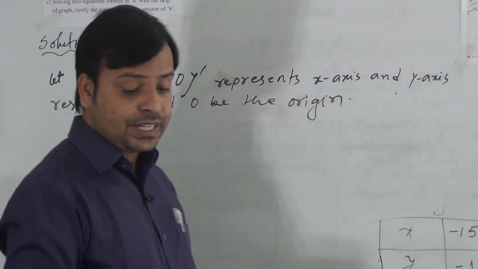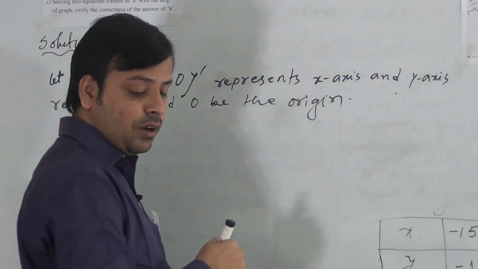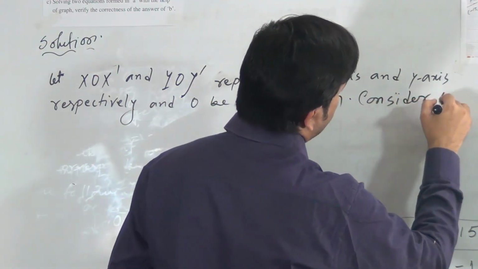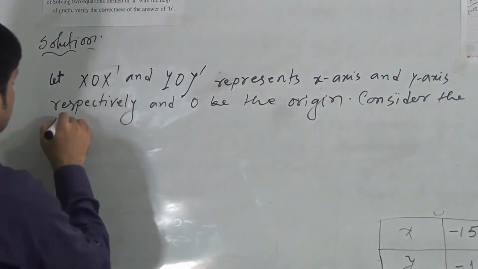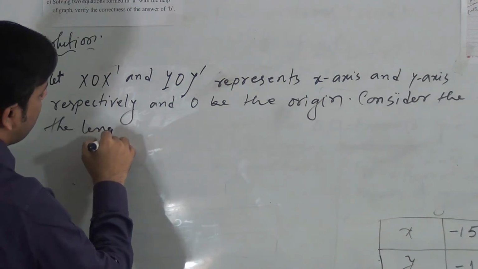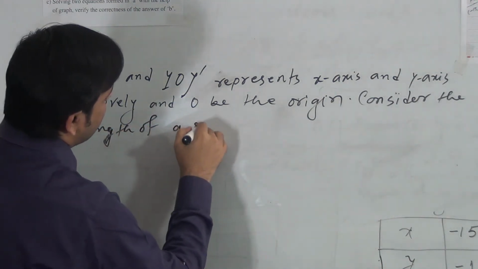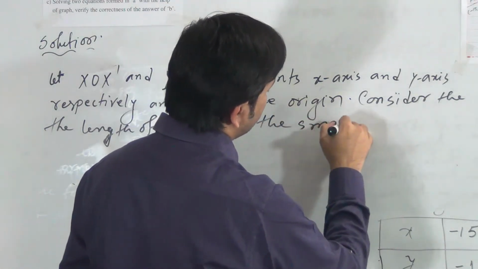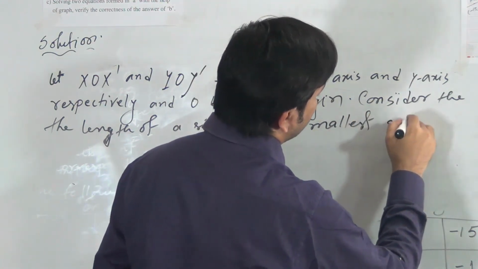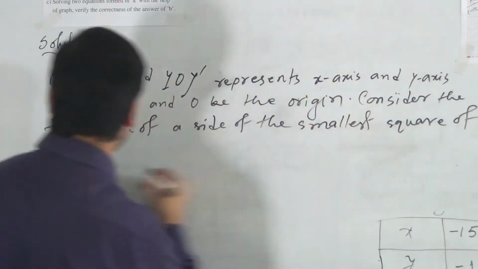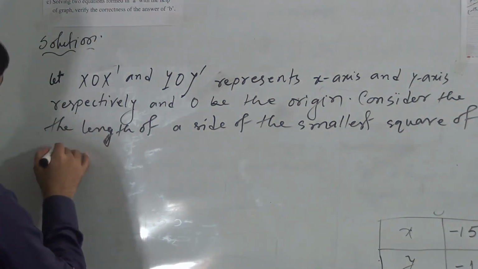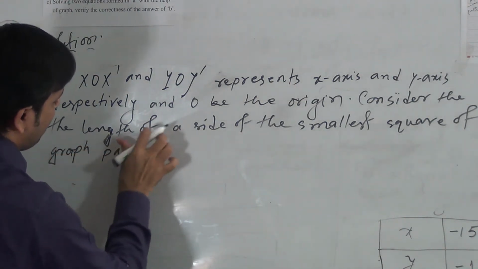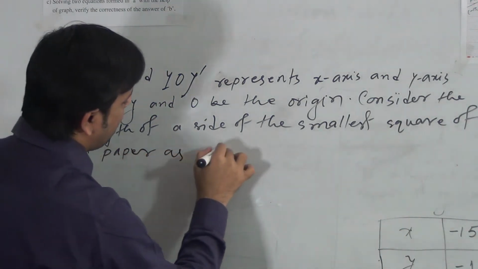Now we have to put the points considering a scale. Consider the length of a side of the smallest square of the graph paper as a unit.